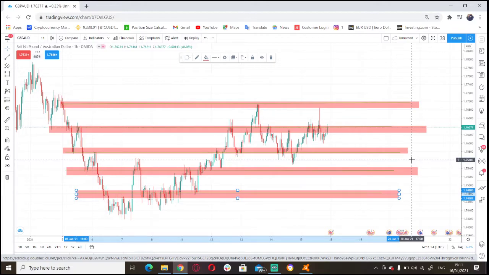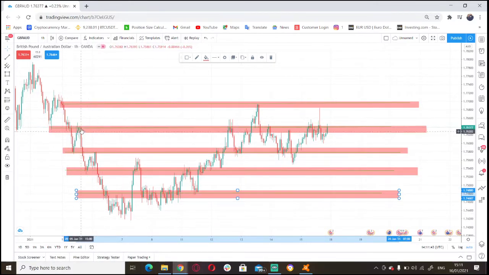And now you can see basically how price is moving through these zones. You can see that at this point over here, it rejected, it went back down, and it had enough volume or momentum to push it down through this zone, but it didn't have enough to go back down through this zone.